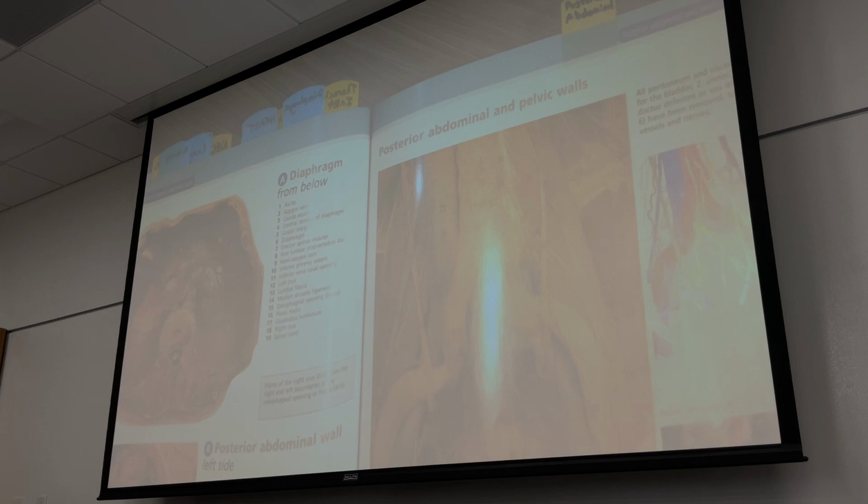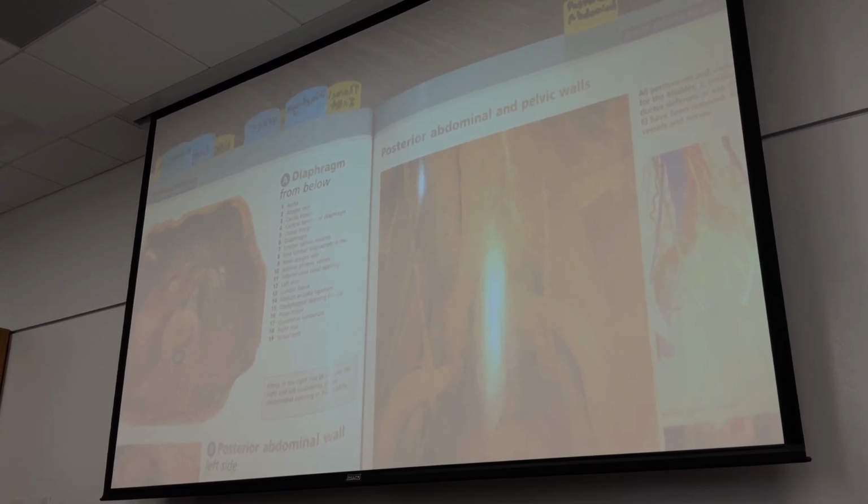So on these arteries, let's say this is the abdominal aorta coming down, and then it's going to bifurcate to the common iliac arteries. Abdominal aorta. Here, you'll have a branch coming off. That's your inferior mesenteric artery. We'll have another branch coming off.